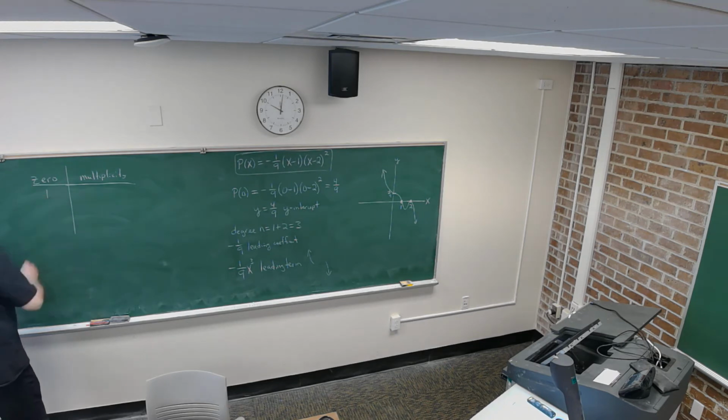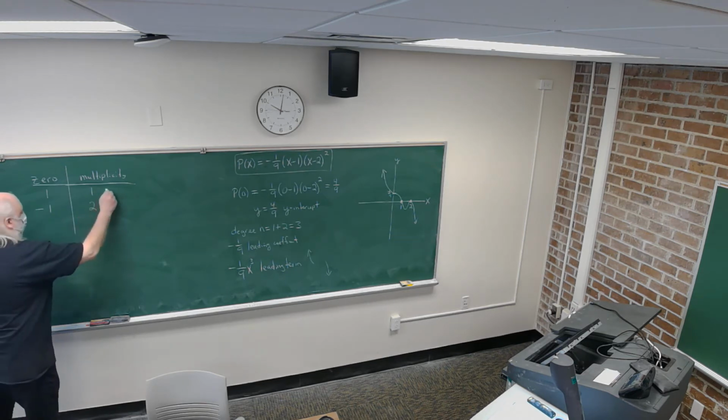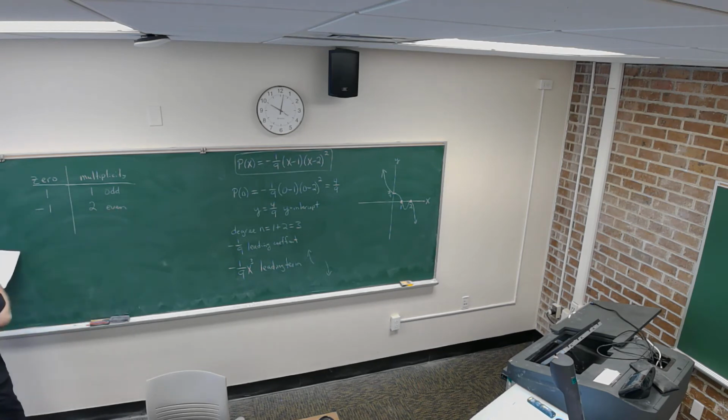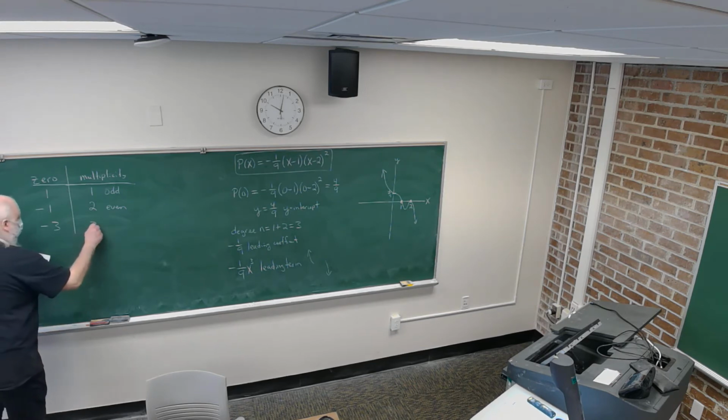So for the zero x equals 1, the multiplicity is 1. At the zero x equals minus 1, the multiplicity is 2, right? So this is odd, this is even. And for the zero x equals minus 3, the multiplicity is 3, which is odd.